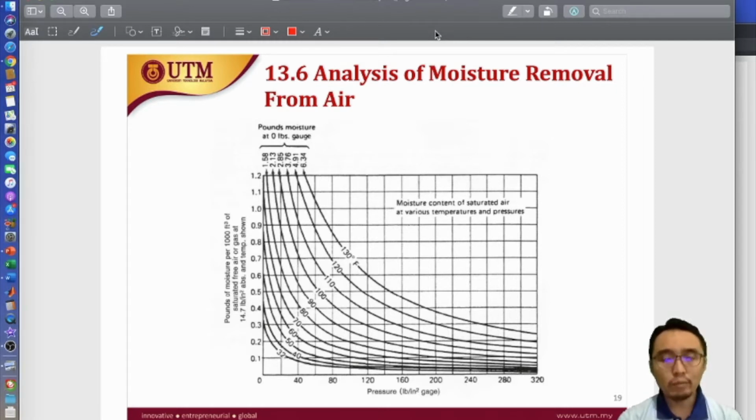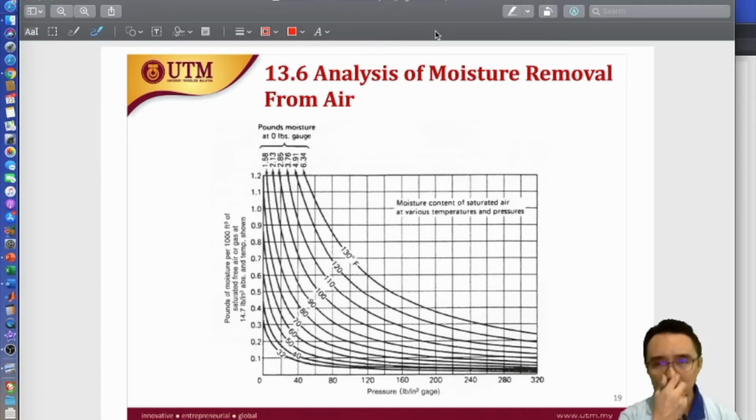As you are aware, we are looking at pneumatic systems. Because the basis of a pneumatic system is using air from the atmosphere, we would have the moisture from the saturated air coming into our system.